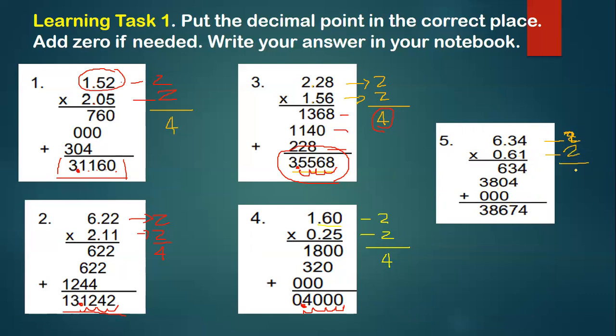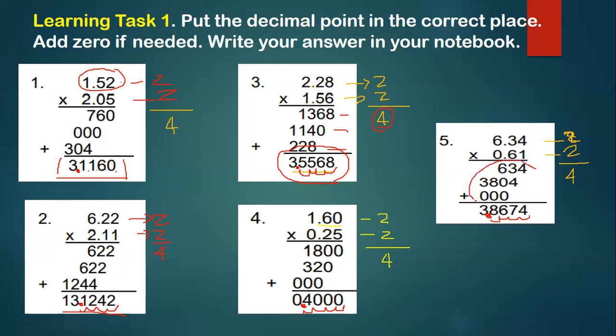So ang total ng ating decimal places sa factors natin ay 4. Kung kaya naman, sa ating product, ay mag-move tayo ng 4 places to the left. This is 1, 2, 3, 4. Wow! Easy as 1, 2, 3 lang pala. Okay, so the decimal point is between 3 and 8. Oh, ganun lang po.